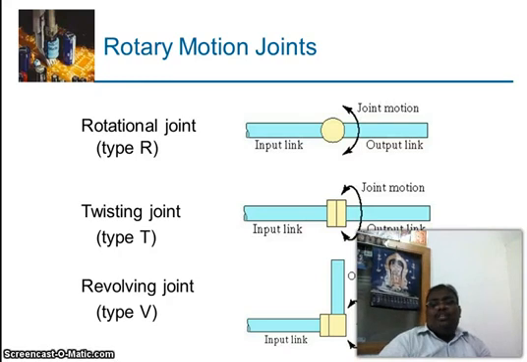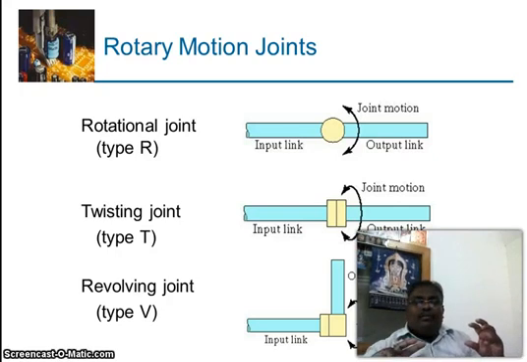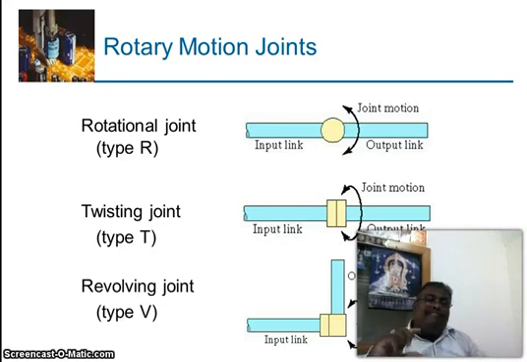Twisting movement means rotating: one of the joints will be in fixed mode and another will be in twisting mode, in a 360 degree direction. So it is a twisting joint. Next is the revolving joint. The joint looks like it is in a perpendicular manner. This type of joint is a V-type joint. This is the revolving joint.